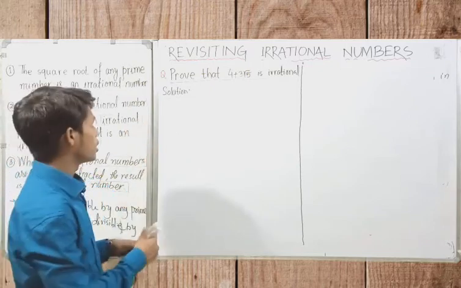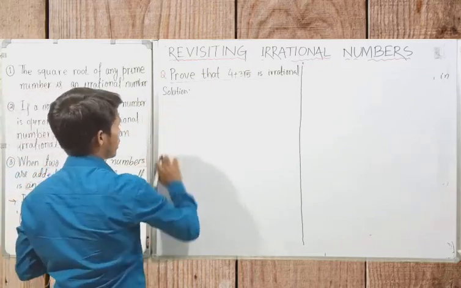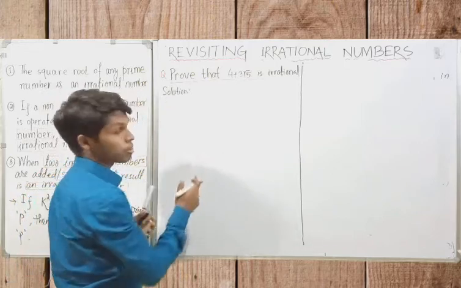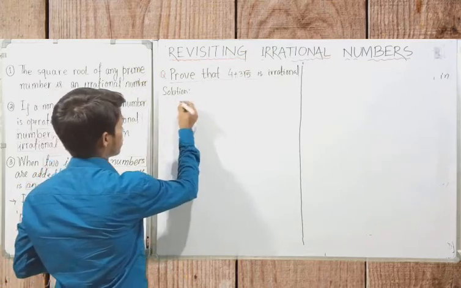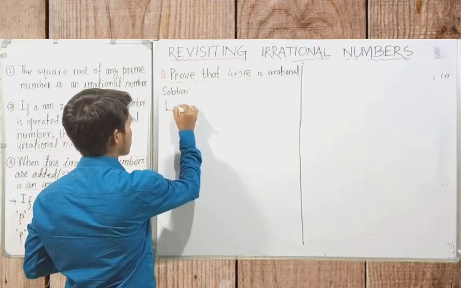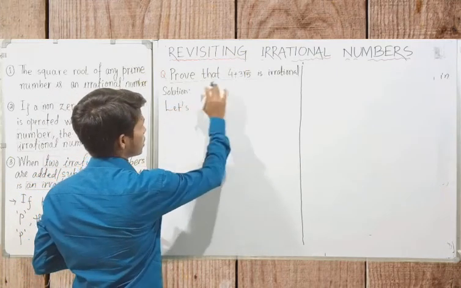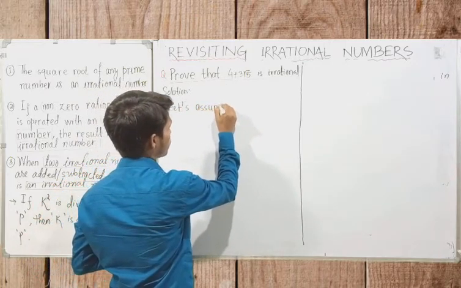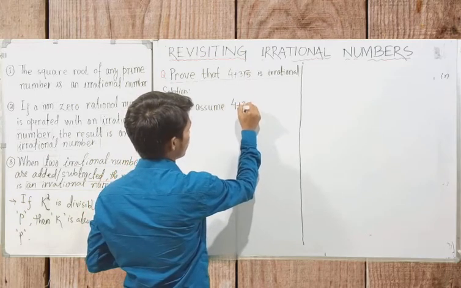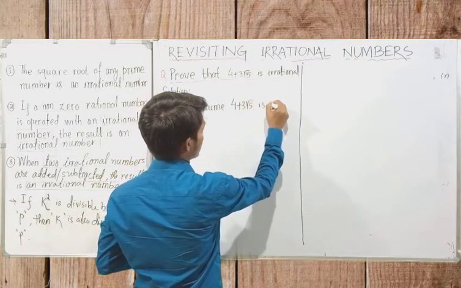So let's solve it. This is a comparatively very easy question and we can solve it more simply than the previous one. Okay, let's see how to solve this. At first we have to assume, as per the first one, that this statement is wrong. So let us assume 4 plus 3 root 5 is rational.